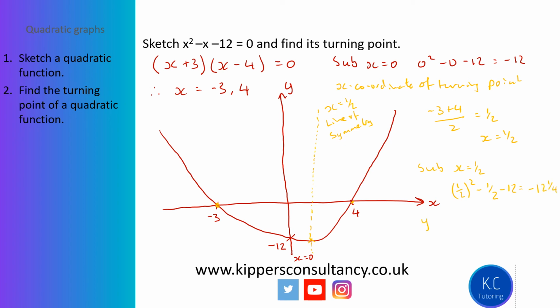So our y coordinate is minus 12 and a quarter. So finally, our turning point is a half, minus 12 and a quarter.